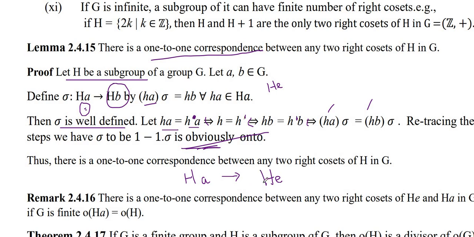So the number of elements here will be the same as the number of elements here also. Only for that purpose is this lemma established. So there is a one-to-one correspondence between any two right cosets of H, namely HE and HA in G. So if G is finite, the order of HA must be the same as the order of H. The number of elements in HE, which is the same as H, should be the same as the number of elements in HA.